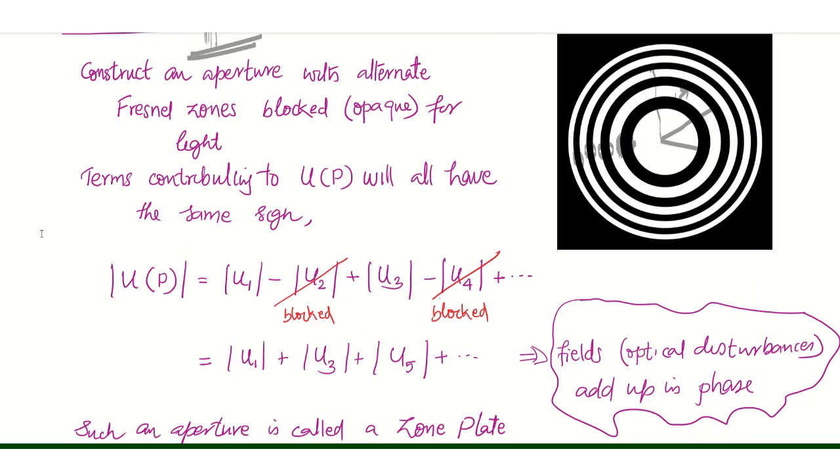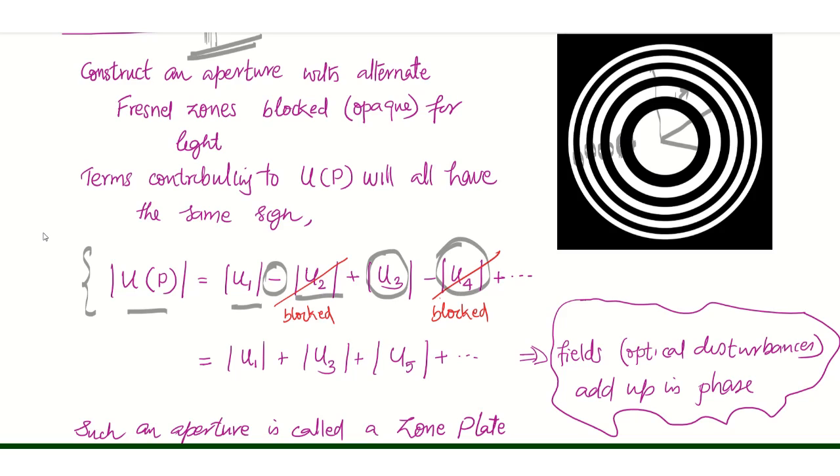If you block them, the actual equation is UP equals modulus U1 minus modulus U2. This minus sign, as I said, is due to the 180-degree phase difference. Then you have U3, the contribution from the third zone, the contribution from the fourth zone, etc.